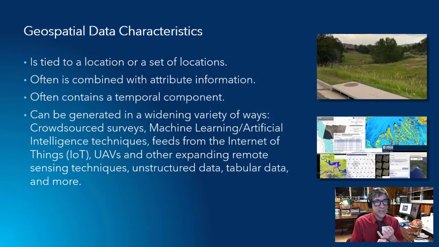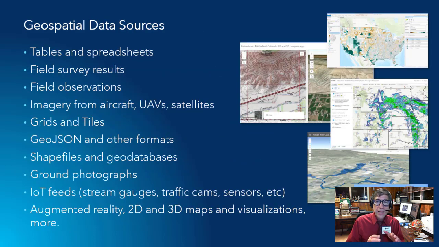Crowdsourced surveys, for example, from Survey123 or QuickCapture, machine learning or artificial intelligence techniques, feeds from the Internet of Things, traffic cams, stream gauges, etc., UAVs or drones and other expanding remote sensing techniques and platforms, unstructured data, a PDF, for example, tabular data, and much more. There are an expanding array of geospatial data sources as well.